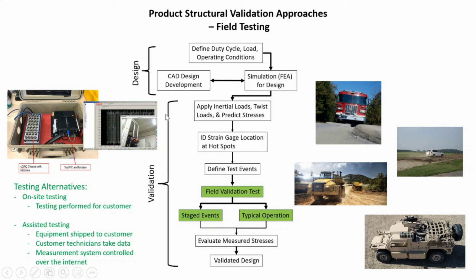And we can control the system over the internet. So the customer doesn't really have to know how to run all the test equipment, but they become our hands on site. This is an approach that works in certain situations where we have some very good planning.